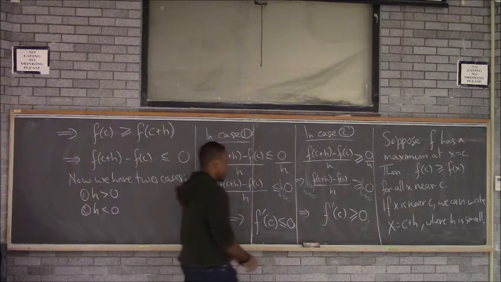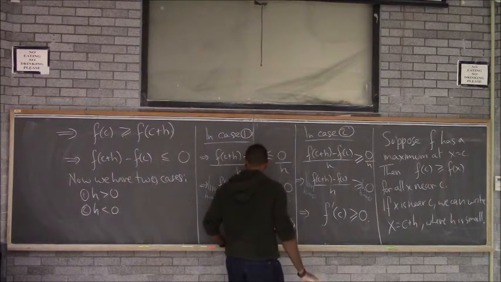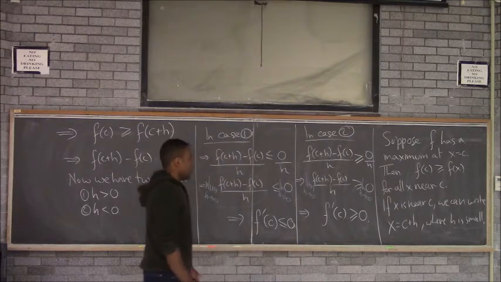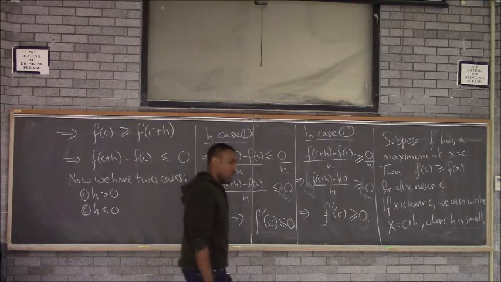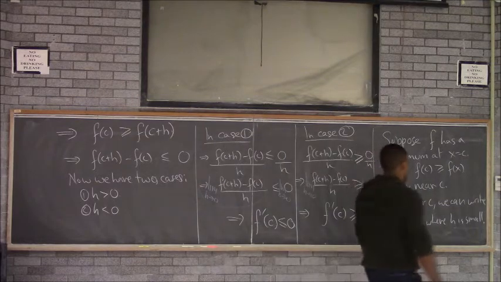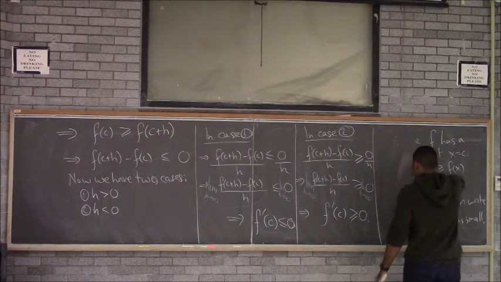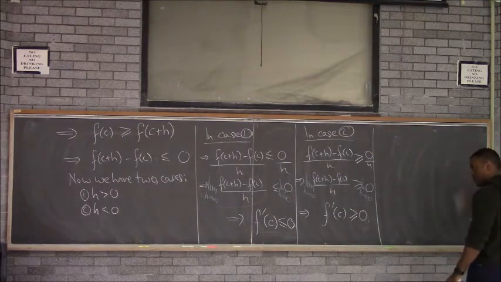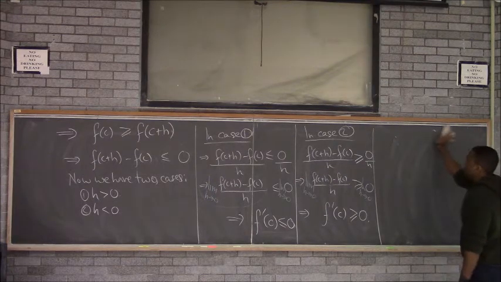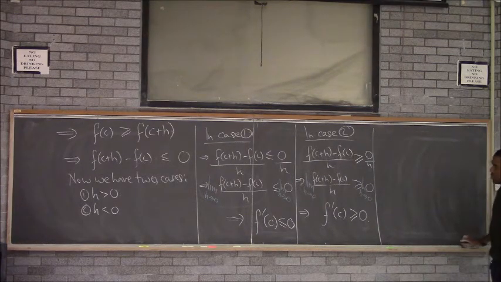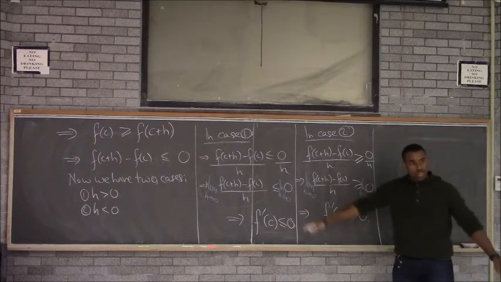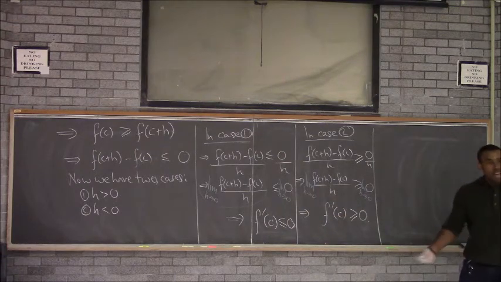So now I'm in the case where if I'm looking on the right, f prime is less than or equal to 0. If I'm looking on the left, f prime is greater than or equal to 0. What can we conclude? f prime of c is greater than or equal to 0, and f prime of c is less than or equal to 0. And it's equal to 0. Has to be 0.